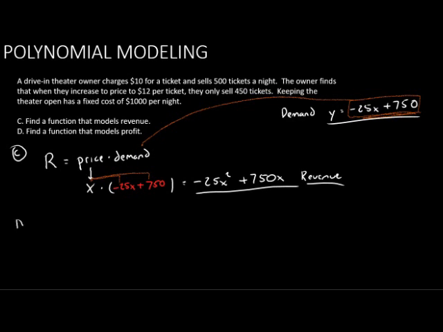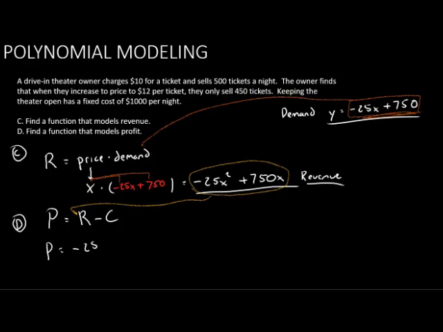Now to find profit, we'll use the equation capital P for profit is equal to revenue minus cost. We just found a revenue function in part C. We can place that in place of R. So our profit function will begin with negative 25x squared plus 750x. Then we'll say minus our cost. Now, in the question, in the third line, we have a fixed cost of $1,000 per night.